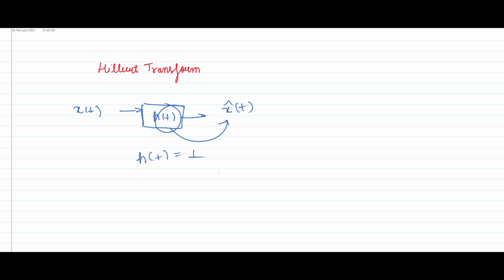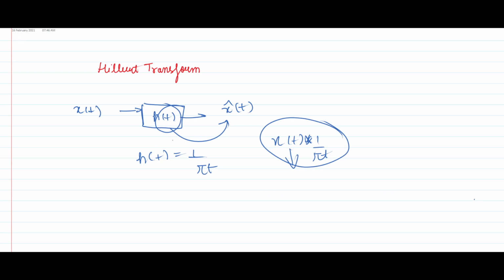h(t) is 1 upon pi t. So what will happen? x(t) gets convolved with 1 upon pi t. Whenever you have an LTI system, it will get convolved, but in the frequency domain it will get multiplied.